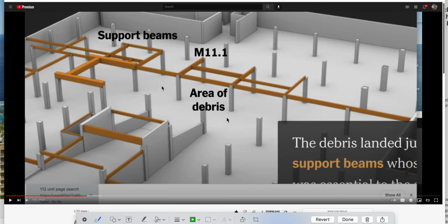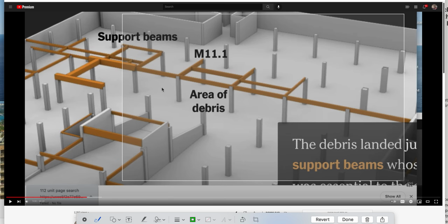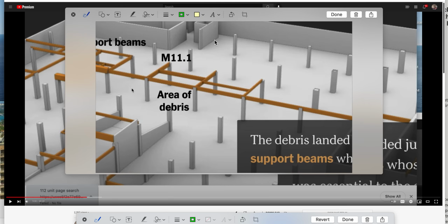This is an architect that's supposed to have drawn this, and she did not. This doesn't exist. This cross member here doesn't exist, nor does this one. It does not exist. So I want you to think about that. It doesn't exist. So let's go with shapes. Nope, pencil. So this exists.